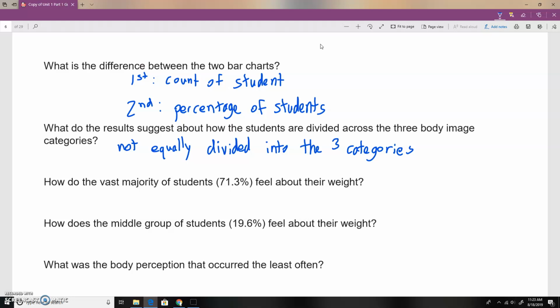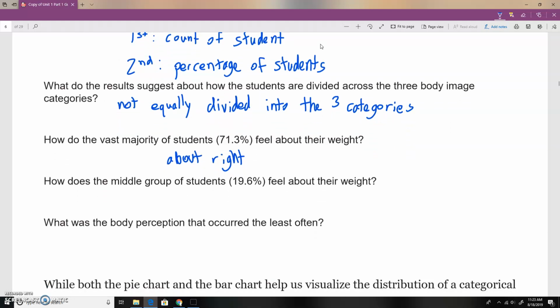How do a vast majority of the students, 71.3%, feel about their weight? Well, 71.3%, which is a majority of the students, feel that they are about right. And the middle group of students, the 19.6%, feel that they are overweight. And the one that occurs the least often was underweight.